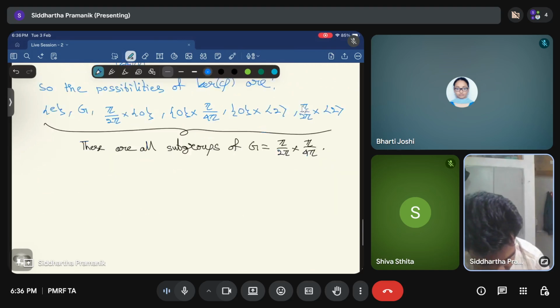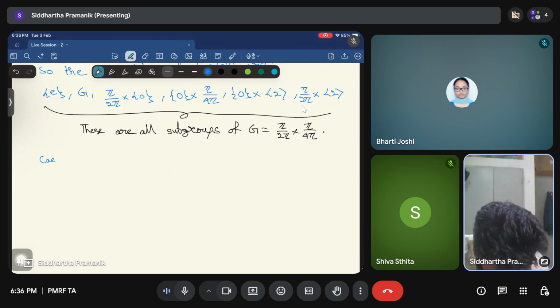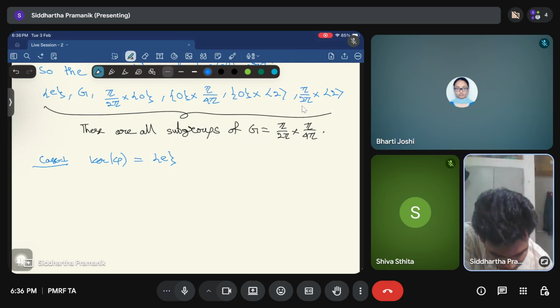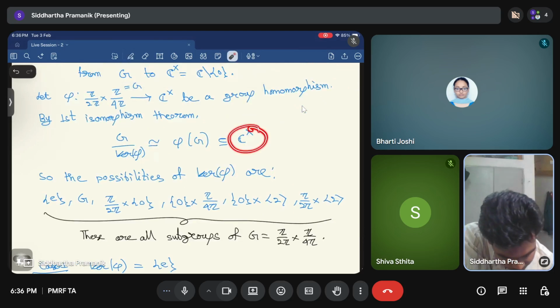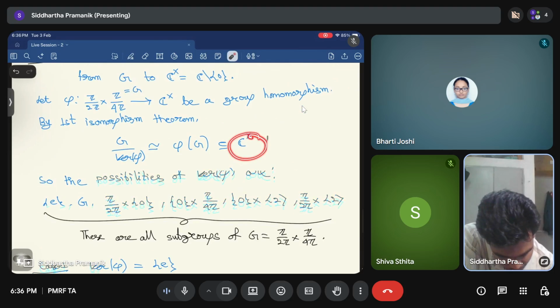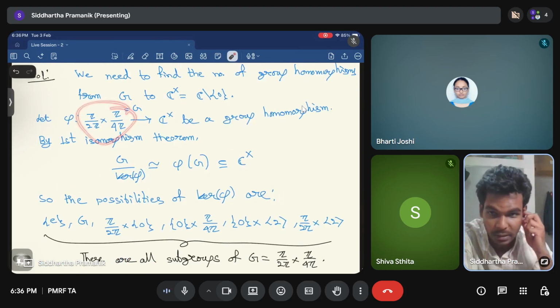Now let's see one by one. So case 1, can the kernel be identity? So kernel identity means phi is injective. So that means C cross contains a subgroup which is isomorphic to G. Is it possible?